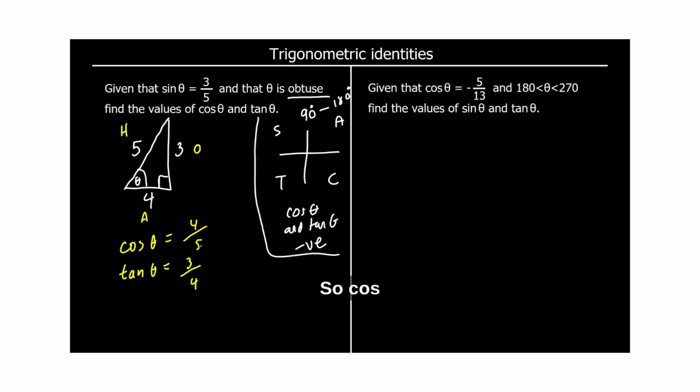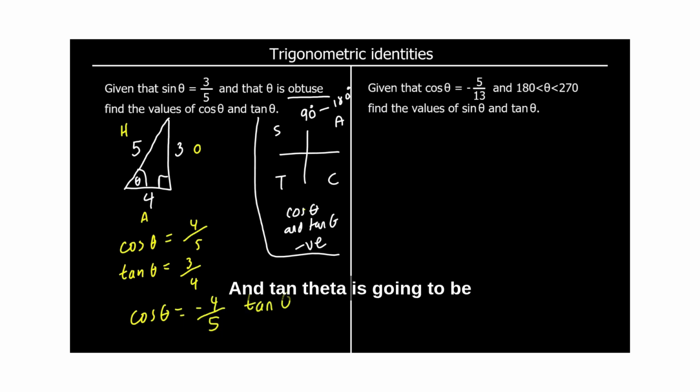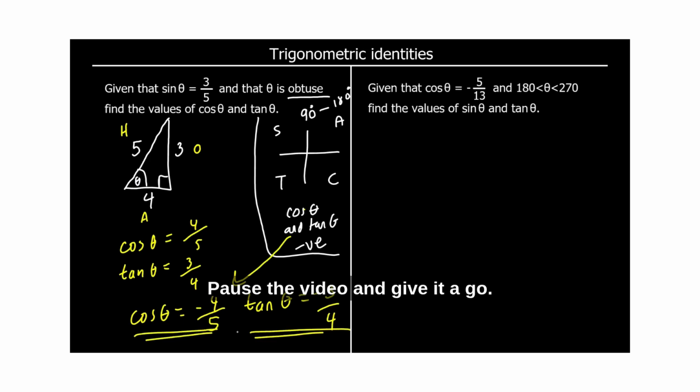So cos theta is going to be negative 4/5, and tan theta is going to be negative 3/4. One for you to try. Pause the video and give it a go.